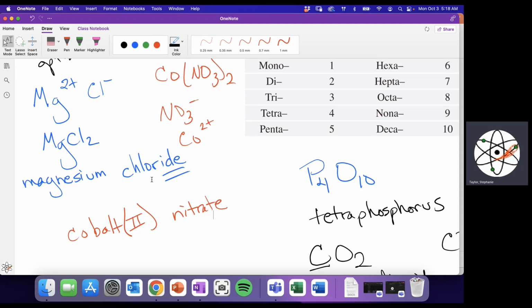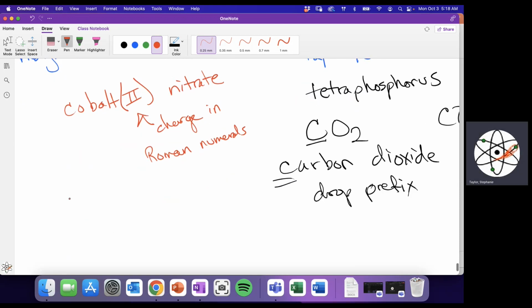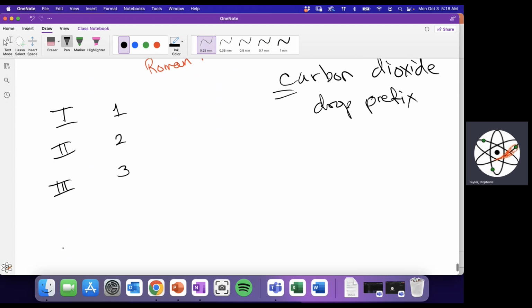So if the charge is something where it could be a variety of different charges, you have to specify and tell your audience what the charge is. In order to do that, we just put the charge in Roman numerals. If you are not familiar with Roman numerals, the way they work is capital I is 1, then 2 of those is 2, 3 of those is 3, and then we start to do weird things because V is 5.